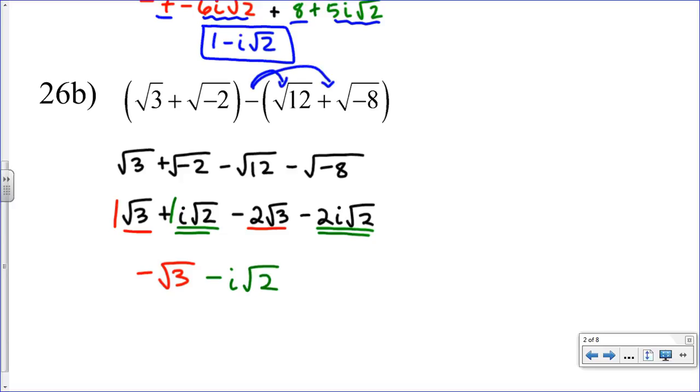So even though it's a radical and it's negative, that's still a real number. There's no i there. So this is still a plus bi. We are done here. Okay?